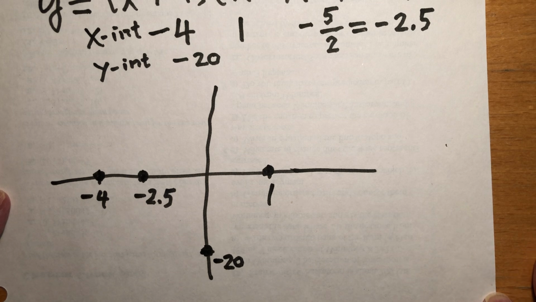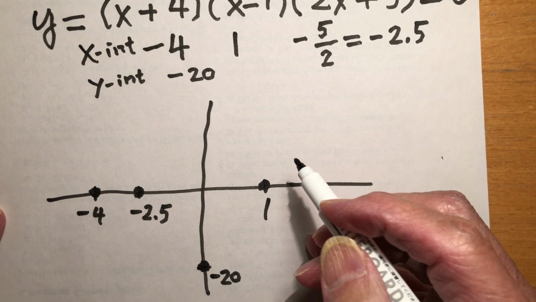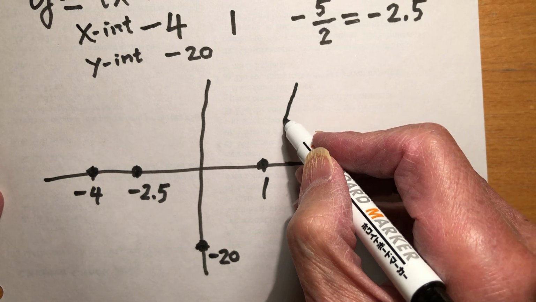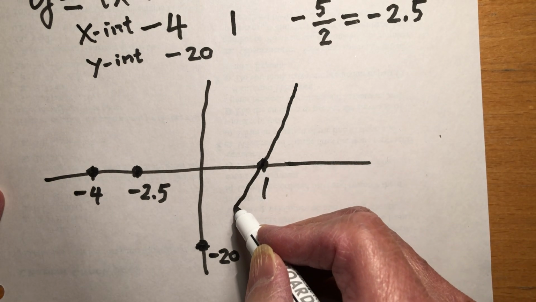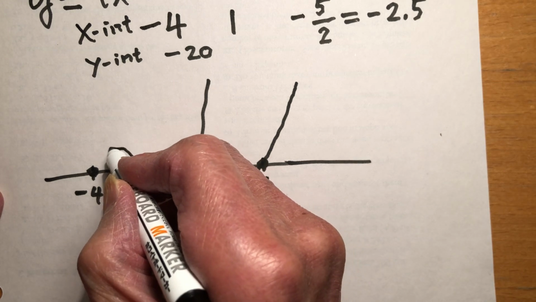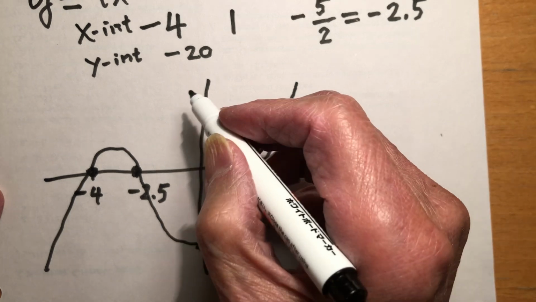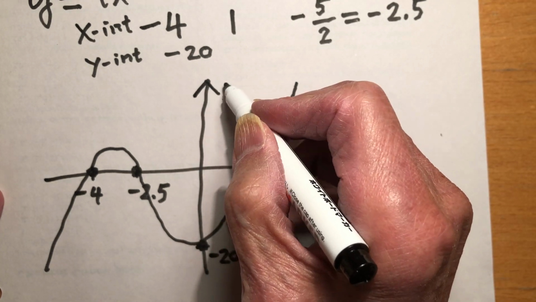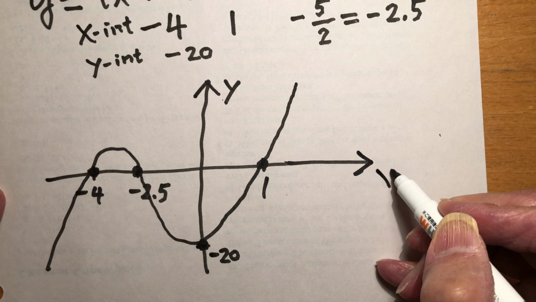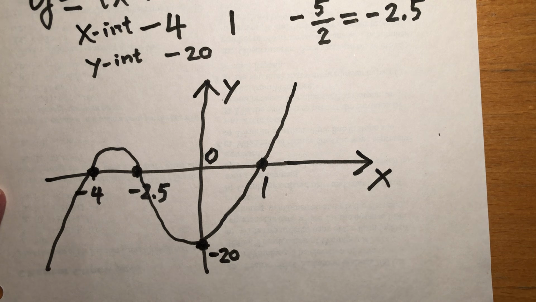How does the graph look like? This is the graph. And this is 0. So this is my graph.